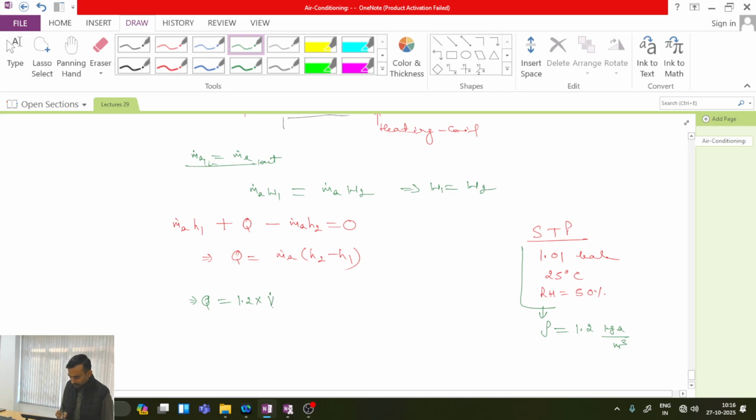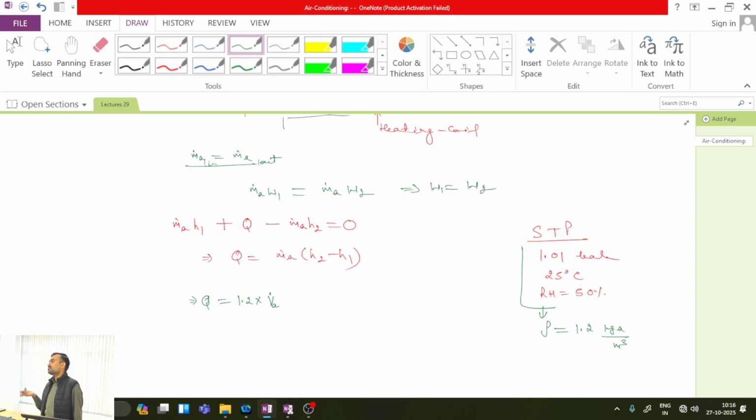V dot A. Usually for different devices, their capacity is given in terms of cubic meter per minute. If you go to industry standards, the unit of volume handled by a fan or blower is given as cmm. What is the meaning of cmm?